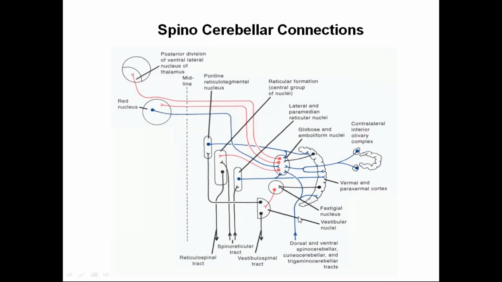Then come the spinocerebellar tracts. You've already done that. The spinocerebellar has two, posterior and anterior, or we say the dorsal and the ventral spinocerebellar tracts.